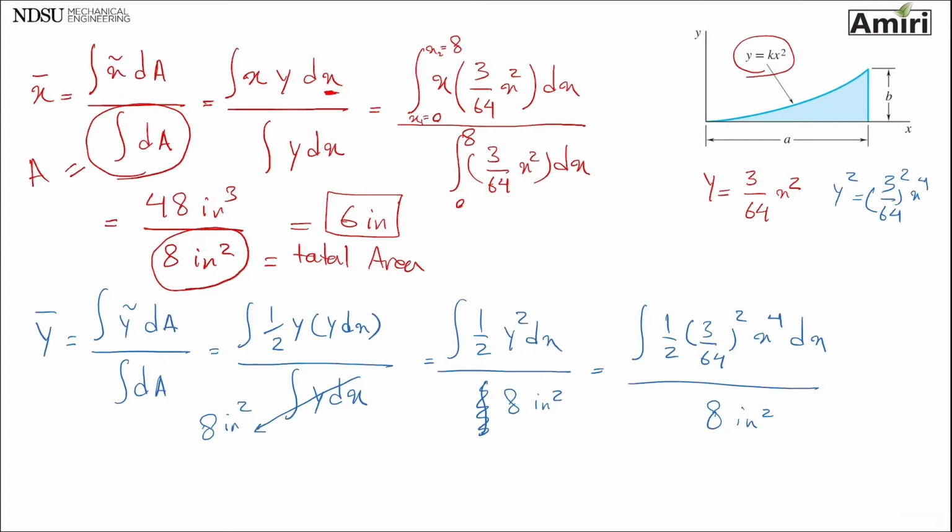Now the limits of y, or y1 to y2, the minimum is right here, 0. The maximum it could be is 3. So it is from 0 to 3.